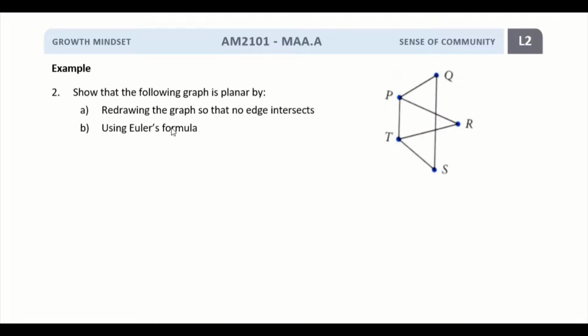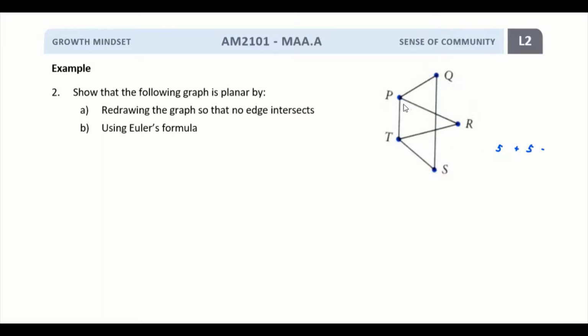Okay, number two: show that the following graph is planar by redrawing the graph so that no edge intersects. Then after that, B, using Euler's formula. Oh yeah, this one. Remember Euler's formula doesn't apply if you didn't redraw it. For example, you can see 1, 2, 3, 4, 5, 5 vertices, right? Then plus your F: 1, 2, 3, 4, 5, 5 outside.